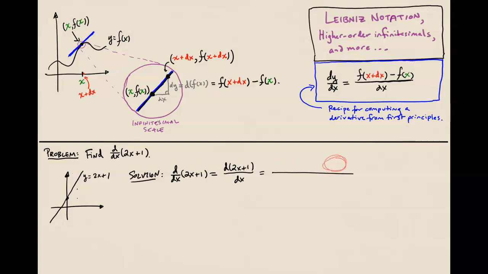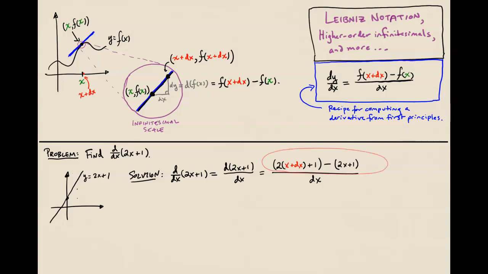The input changes from x to x plus dx. All right, when it's x plus dx after the change, the output of this function is going to be 2 times not x, but x plus dx, plus 1. And from that, we have to subtract off the output before the change, when the input was just x. When the input is just x, the output is, of course, 2x plus 1. And as always, the dx just sits there.